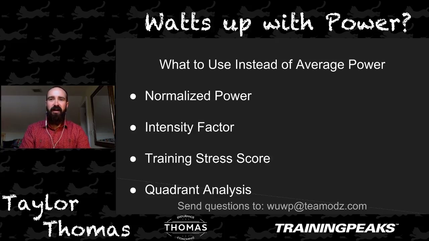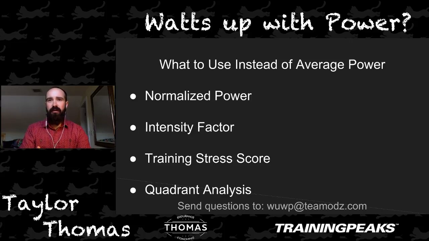There's a lot going on in the algorithm, a lot to digest if you break it down. Committing that to memory is not really important. What is important is understanding the concept of normalized power and how it's going to help your training.